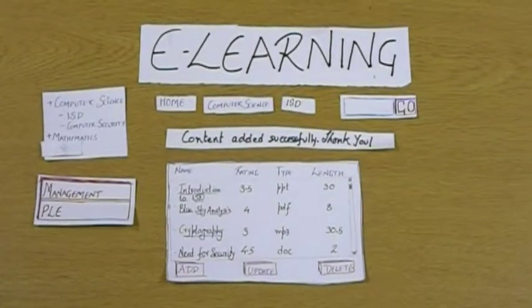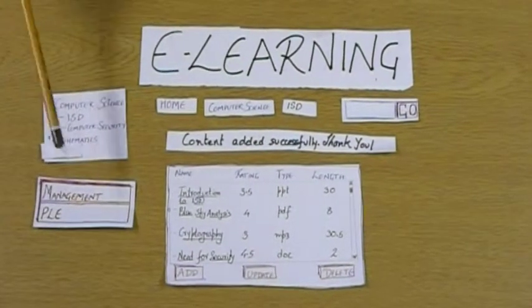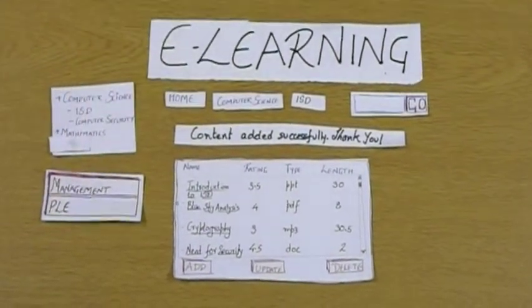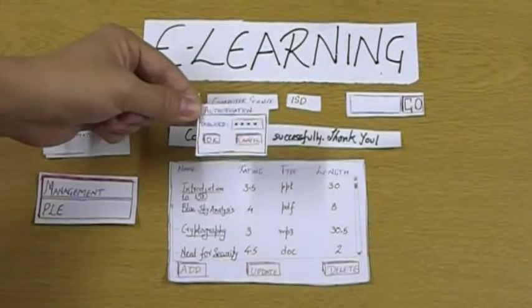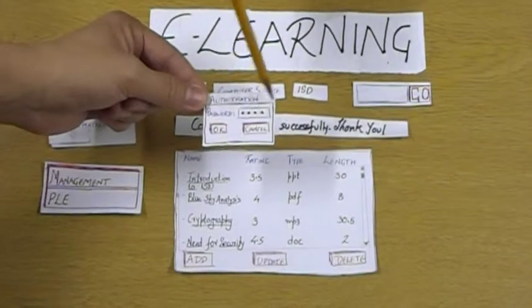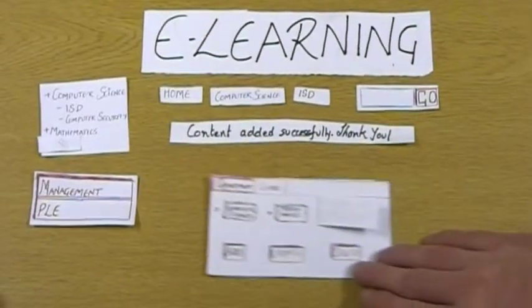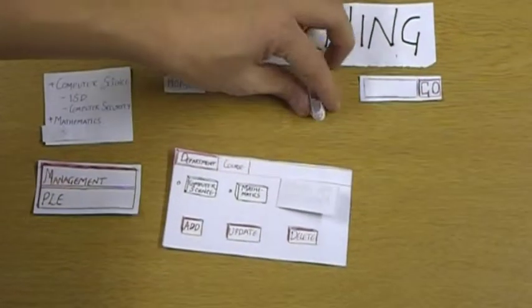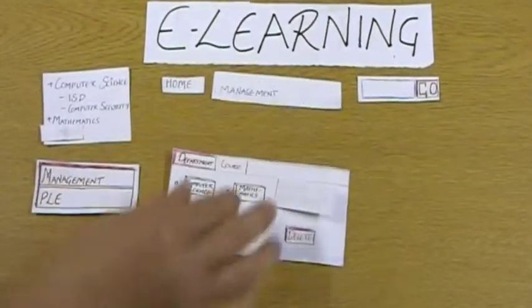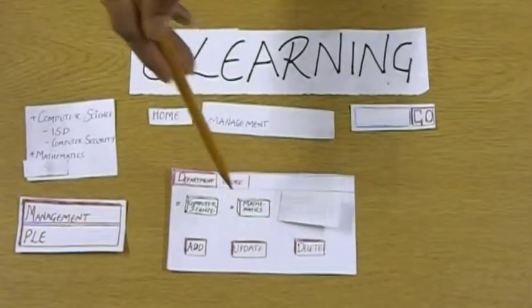Now that we have covered all the other sections, let us just try to see what the management section does. Management. Okay, it asks me for an authentication. It's asking for a password. Just type the password. Okay, the navigation button now reads management, and there are these courses.